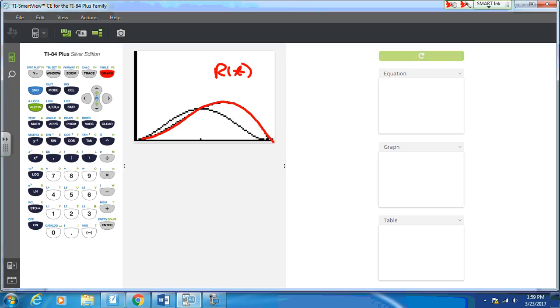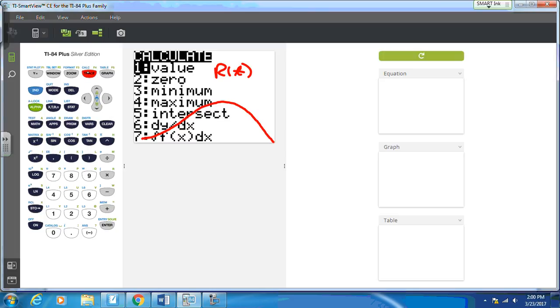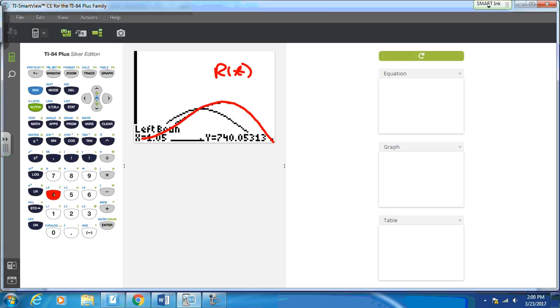And the thing that I want to talk about is this. My calculator can tell me the maximum value of this function. If I go to Second, Calc, Max, then it will find the maximum of the function with a left bound of 0 and a right bound of 2, and a guess somewhere around maybe 1, and boom, there's my maximum. Ta-da! So the question is, what do I need to do to justify that?